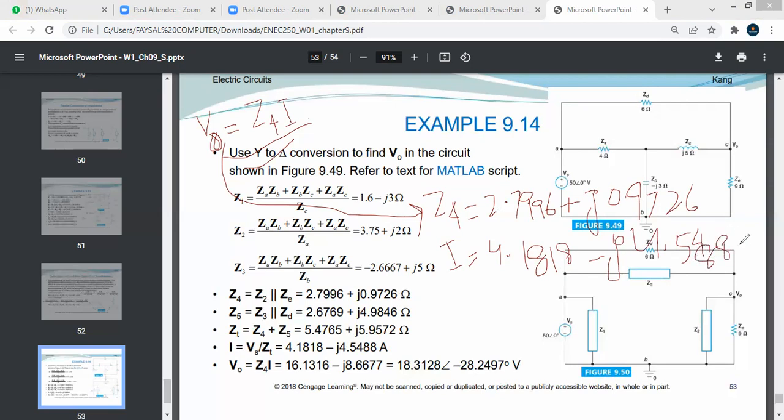88. So after this, we have to multiply the Z4 value with the I value.